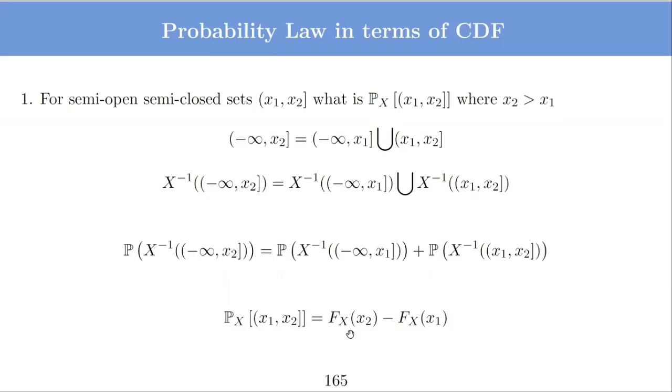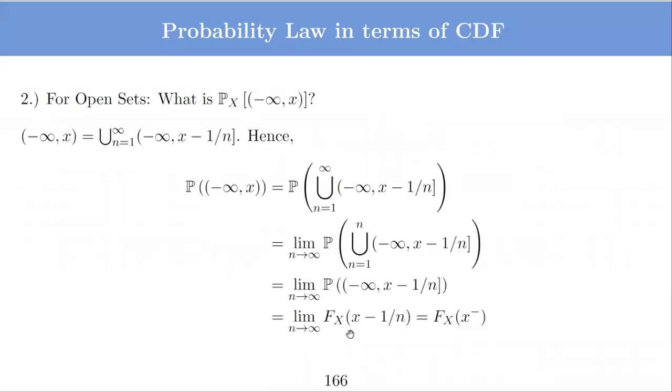And once we know this, if we are also given any countable union of sets of this form, we can also calculate it, assuming they are disjoint, by just the countable additivity property of this probability measure. So now let us move to another one.